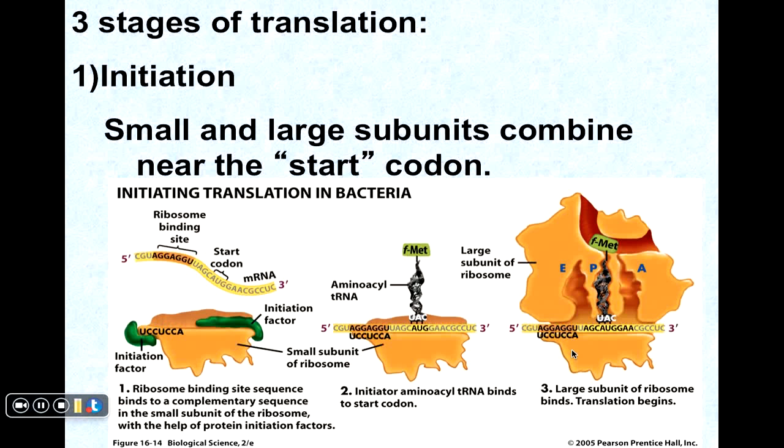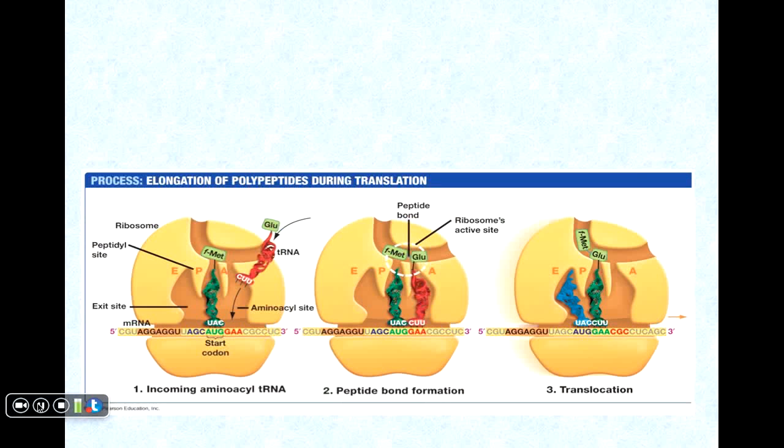These small and large subunits of the ribosome come together and combine near the start codon. So again, here's our messenger RNA. Somewhere near there's a start codon, and this is the region where the ribosomes bind to the messenger RNA.